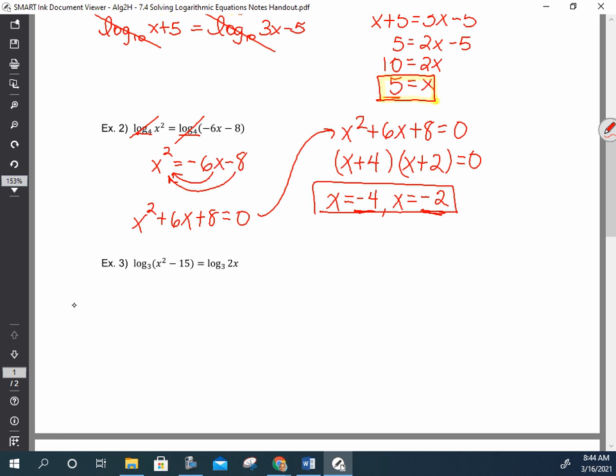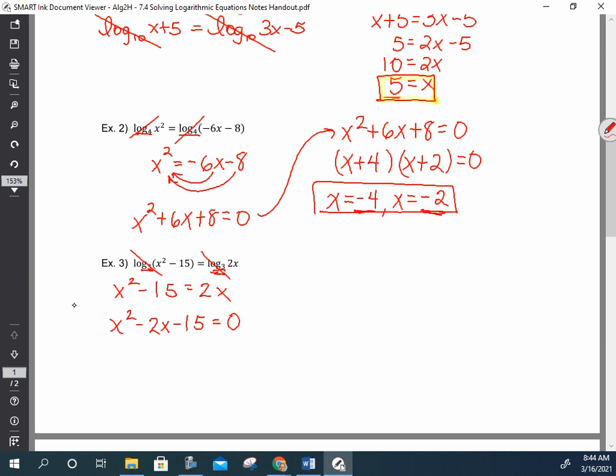All right, so example 3. It starts out looking pretty harmless. The base 3's pop out. x squared minus 15 equals 2x. Again, you've got x squared in the problem, so we need to get this equation equal to 0.